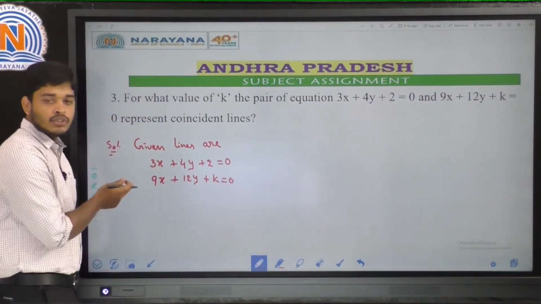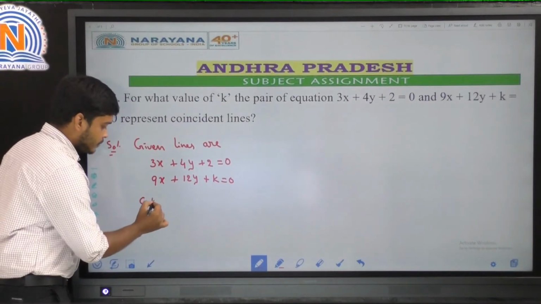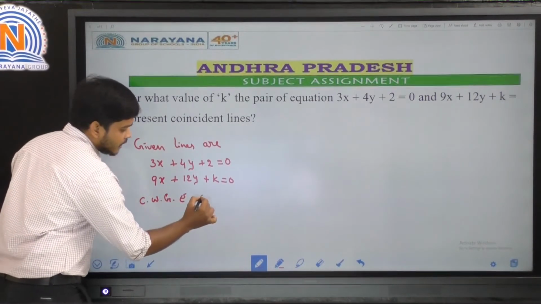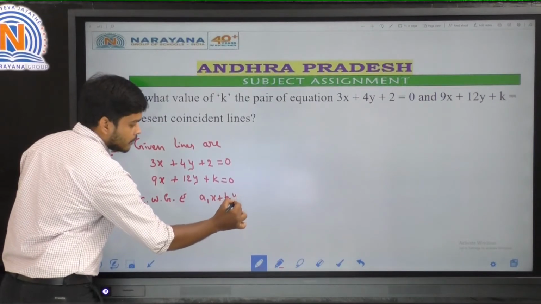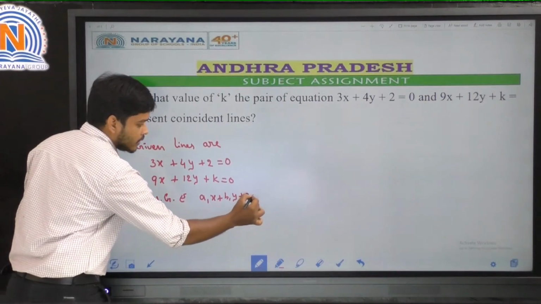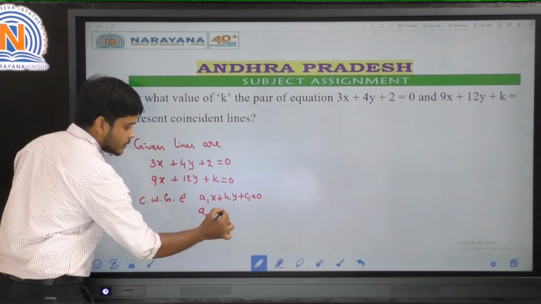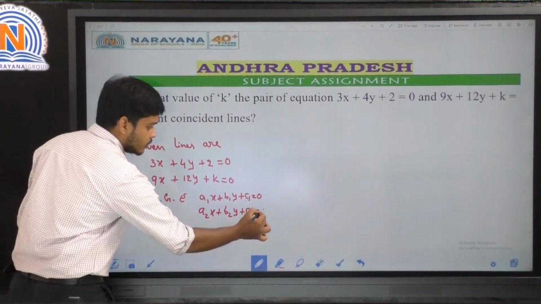Now compare these two equations with the general equations a1x + b1y + c1 = 0 and a2x + b2y + c2 = 0.